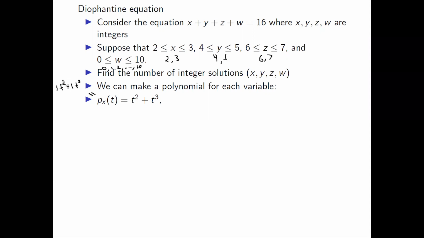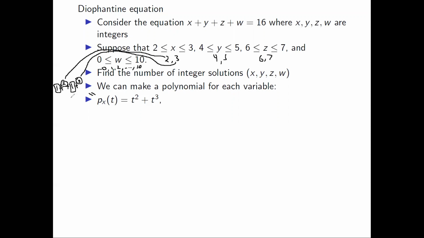And the square and the cube, the 2 and the 3, these are the possibilities for x. There's one way that x can be 2, and there's one way that x can be 3. So we have a 1 in front of the t squared, the number of ways for x to be 2, and the 1 in front of t cubed, the number of ways for x to be 3. And that's our p sub x polynomial.